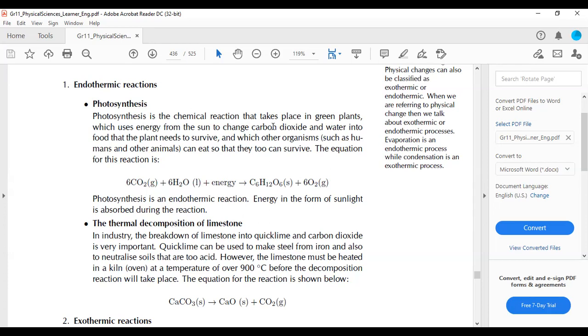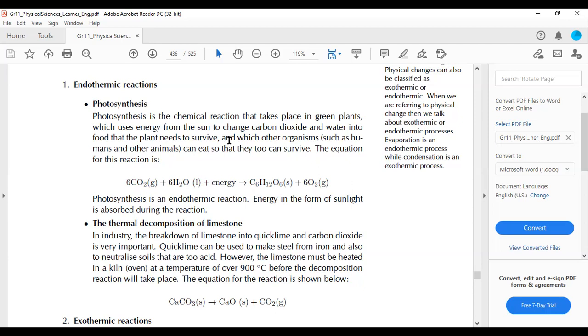So photosynthesis is a chemical reaction that takes place in green plants, which uses energy from the sun. So you guys see what it means. The plant absorbs heat from the sun, and it changes the carbon dioxide and water into food that the plant needs to survive. So basically, it means that without the sun or some sort of heat energy, because these days, with technology enhancements, they can even do that without the sun.